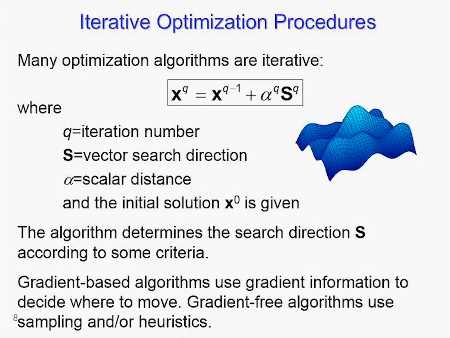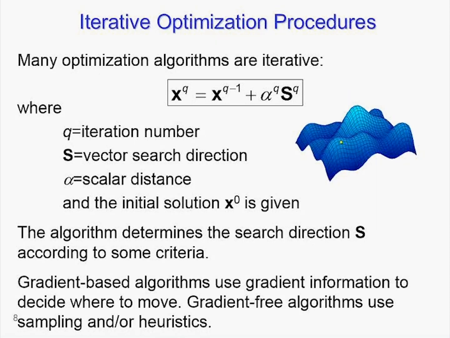And the way that we can write the kinds of optimization algorithms we're going to talk about is that x_q is equal to x_(q-1) plus alpha_q times s_q. And this is going to be true for q equal 1 up to however many iterations we have. Okay, so what are all these symbols? First of all, q is going to be the iteration number.